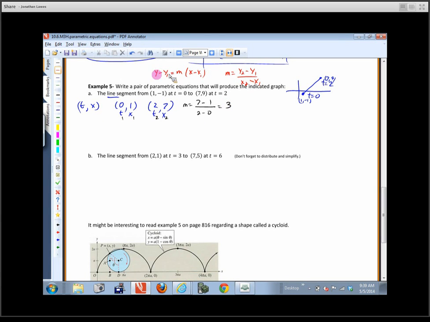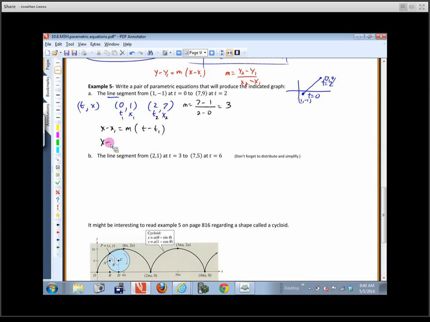Okay, now, remember, the x is acting like a y, and this is like the t. So I'm going to write down x minus x1 equals m, and then this is going to be t minus t1, right?